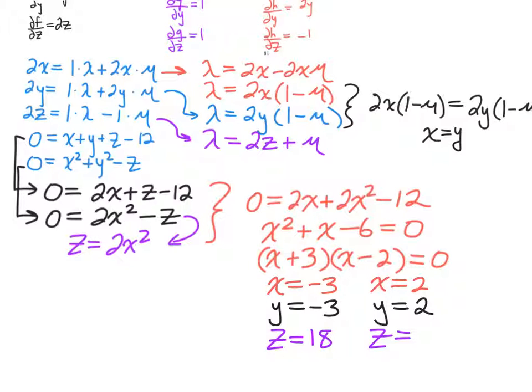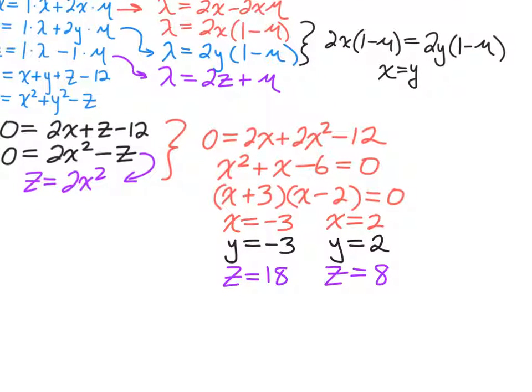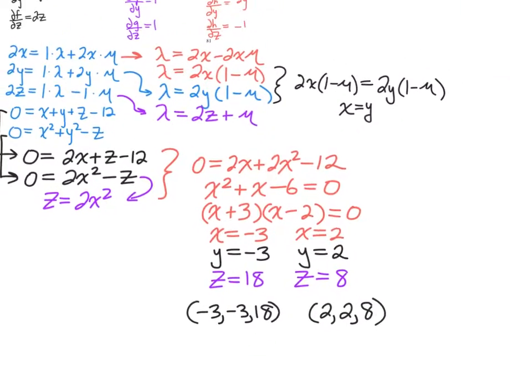And then I'll take my 2, square it, 4, and multiply that by 2, and we'll get an 8. All right, so we have two possible ordered pairs here, -3, -3, and 18. Also 2, 2, 8.